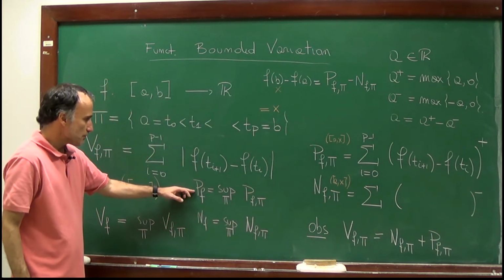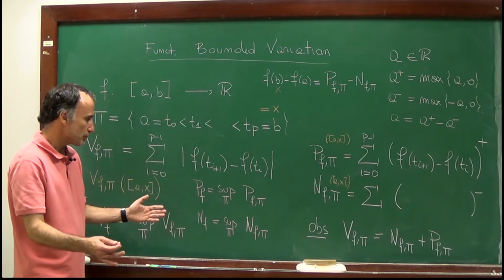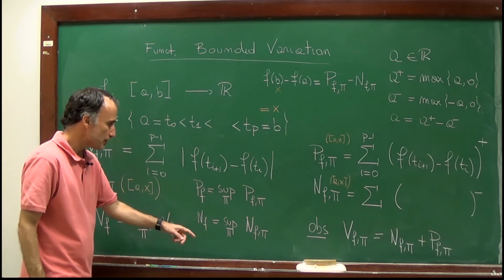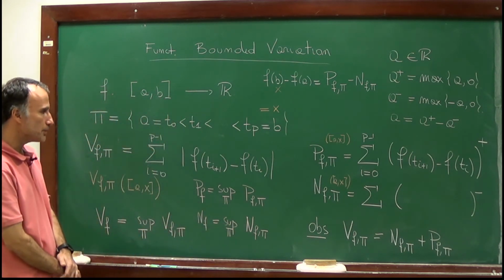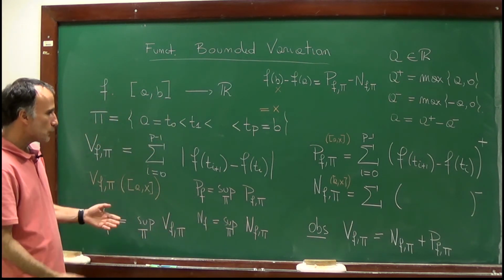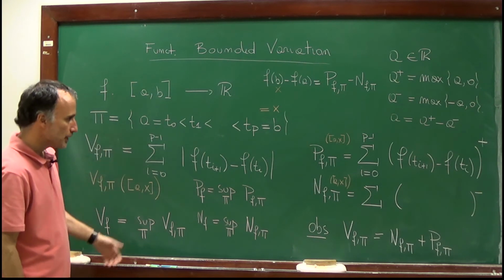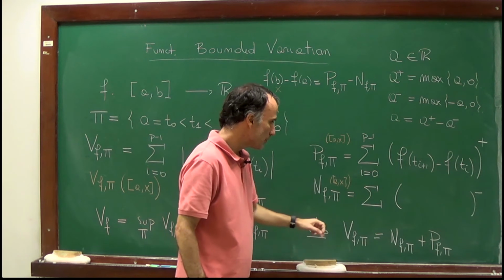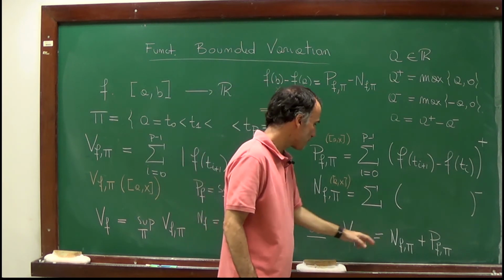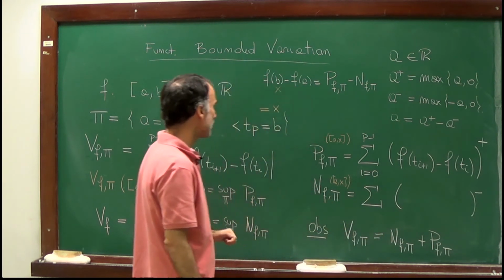So this is the positive variation of my function f in the interval ab, and this is the negative variation of my function f over the interval ab. And what I will prove in the next blackboard is that these two identities still hold for the total variations.